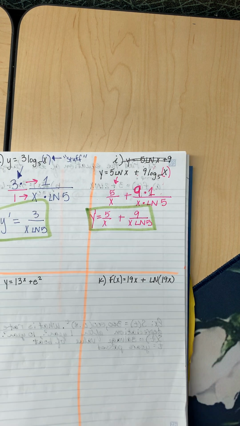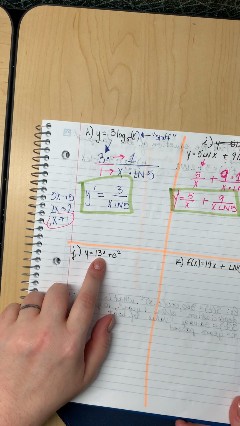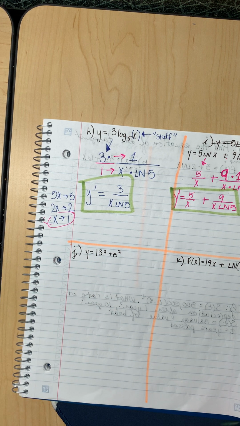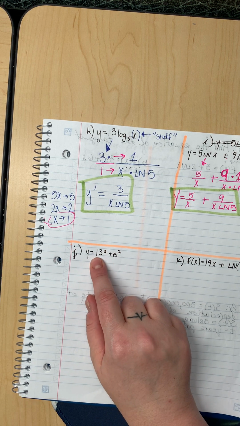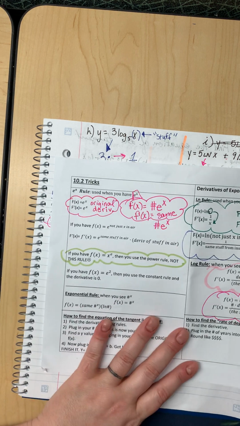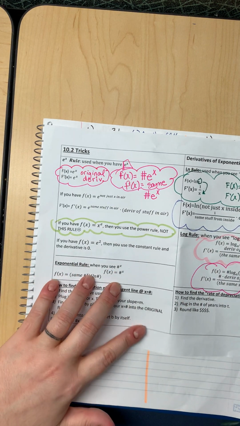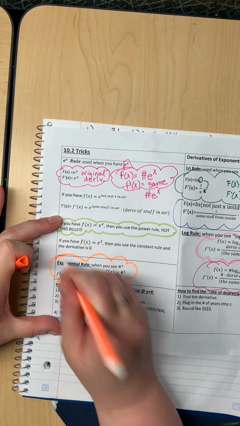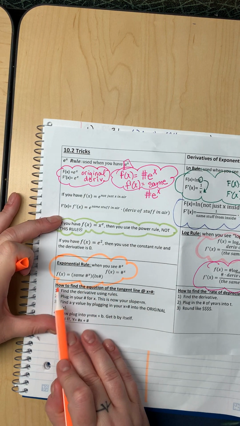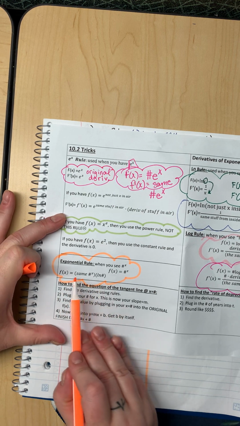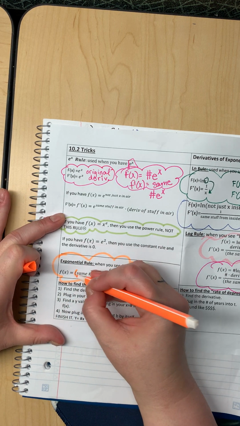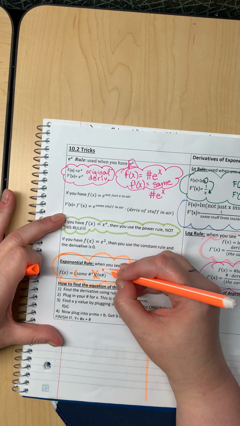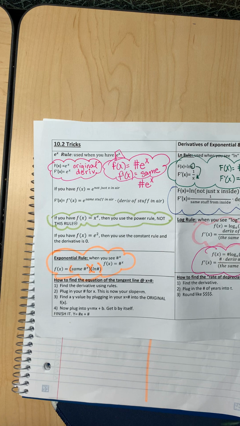Oh, it has something different. It says 13 to the x. Well, that's something new. Okay. Well, let's look at our tricks for if it says, like, maybe a number with an x in the air. Oh, look, it's this exponential rule. We snuck it in here. It says when you see a number to the x, you write in one set of parentheses that exact same number to the x, and then you write ln of that number.